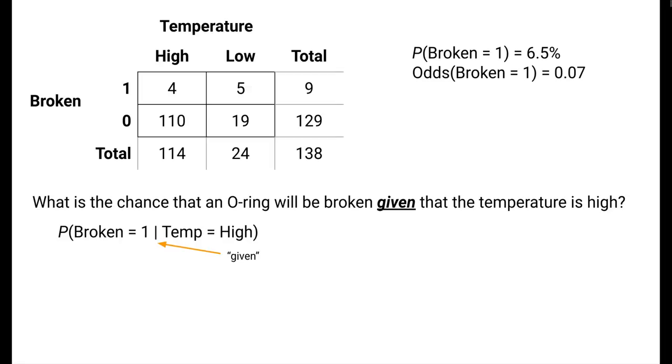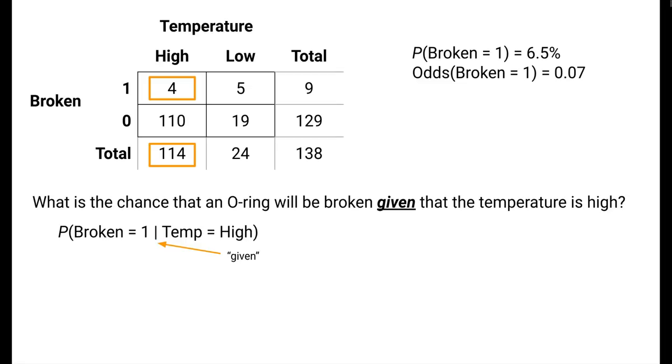In probability notation, we write this as probability that broken equals 1, given that temperature equals high. And the vertical bar means given. If we are given the information that the day's temperature is high, above 65 degrees, this changes our estimate in a very important way.